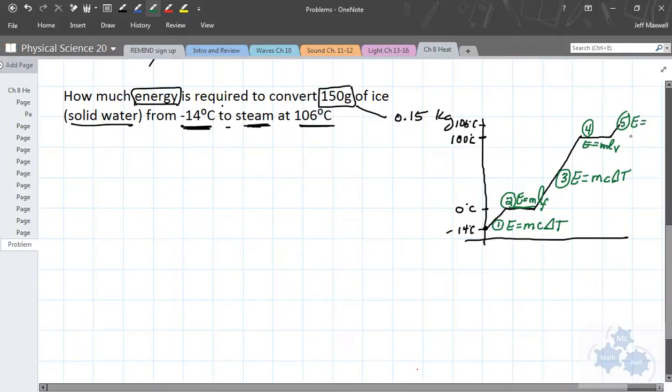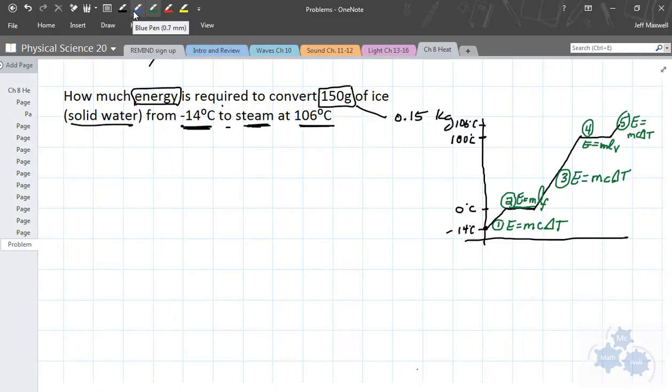E equals MC delta T. I keep wanting to say Q equals MC delta T because in chemistry it used to be always that this heat was Q. Q equals MC delta T. That's the way I learned it back in the day when dinosaurs roamed the earth when I was a kid. All right, good job. We got that, right? Very good. Questions?